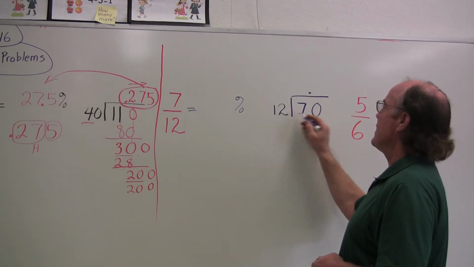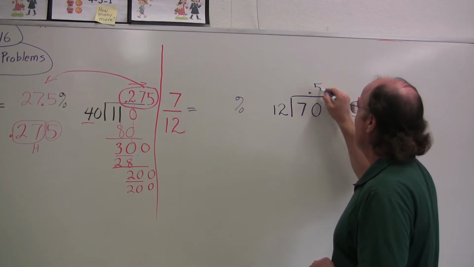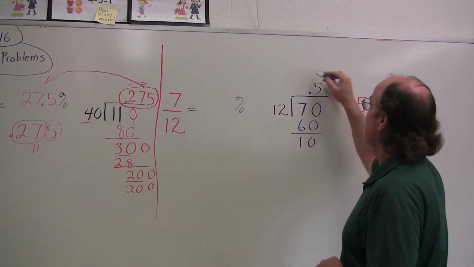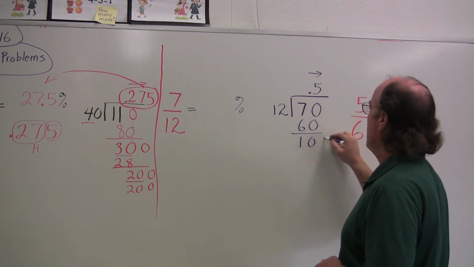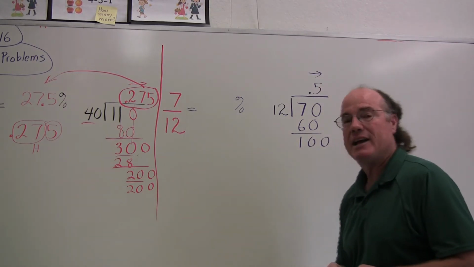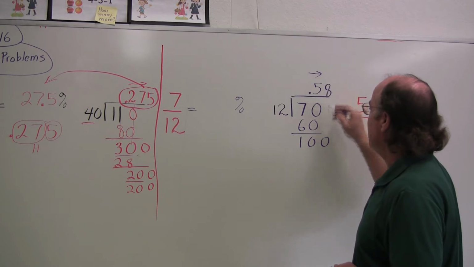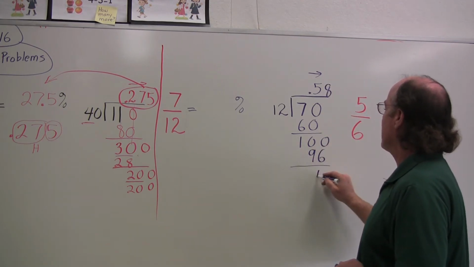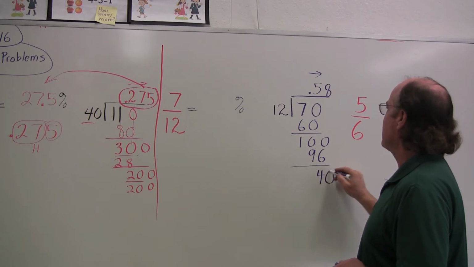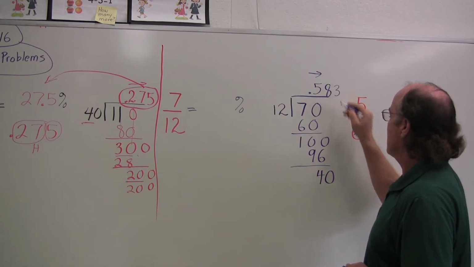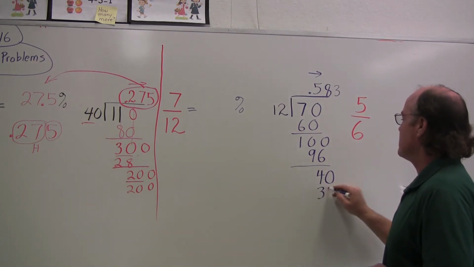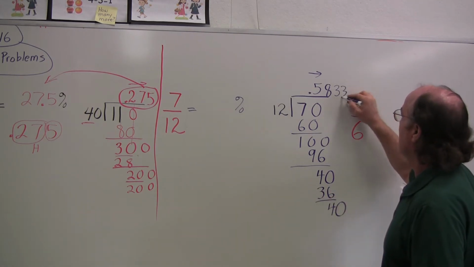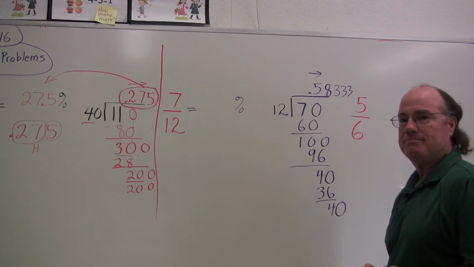How many dozens go into 70? 5, 60, 10. Now, since it's on this side of the decimal, automatically add a 0. We get 8 here. We get 96. We get 4 here. Add the 0. 12 times 3 is 36. We get a 4. Add the 0. And it's going to be like that.